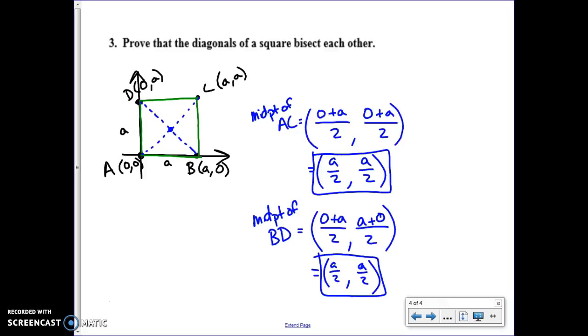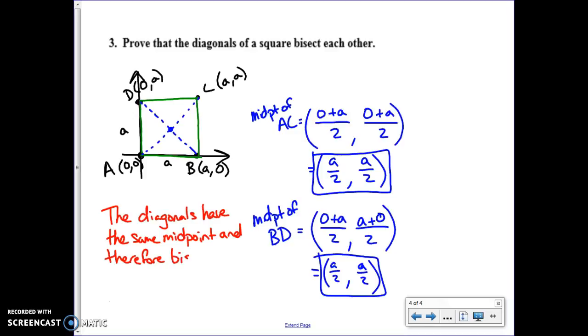So we could say the diagonals have the same midpoint and therefore bisect each other.